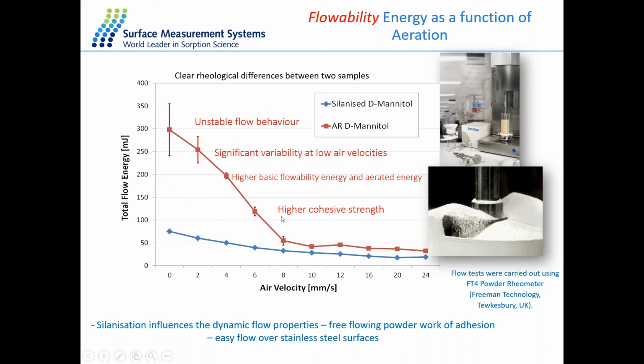In this case, for the as received D-mannitol, the higher surface energy can be correlated to a higher work of cohesion, so these samples will interact more strongly with themselves compared to the silanized D-mannitol. At this low region of air velocity, we'll have very unstable flow behavior due to these cohesive forces. But as you increase air velocity, this is overcome by other forces, and therefore we see a plateau at higher air velocities.